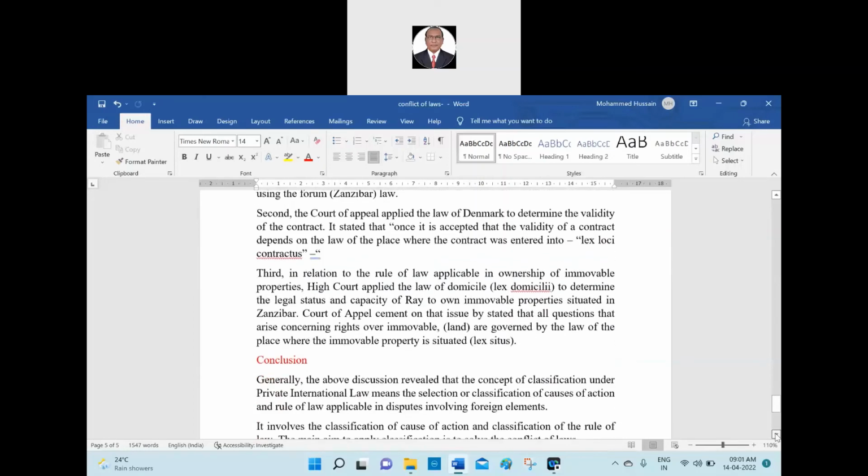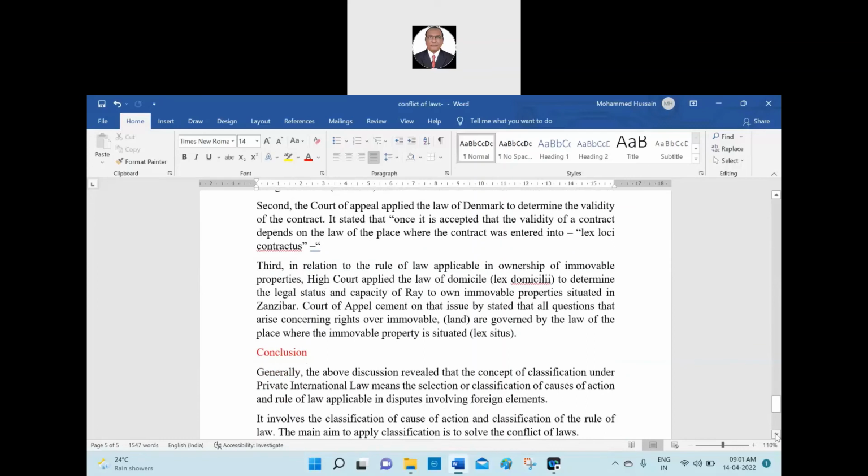And third, in relation to the rule of law applicable to ownership of immovable property, the High Court applied the rule of domicile, lex domicilii, to determine the legal status and capacity of the respondent to own immovable property situated in Zanzibar.